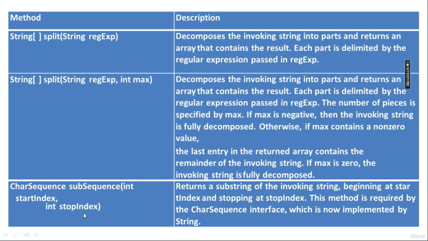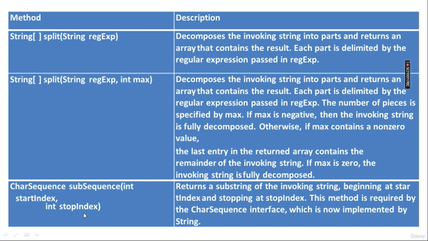Each part is delimited by the regular expression. The number of pieces is specified by max. If max is negative, then the string is fully decomposed. Otherwise, if max contains a non-zero value, the last entry in the returned array contains the remainder of the invoking string. If max is 0, the invoking string is fully decomposed.